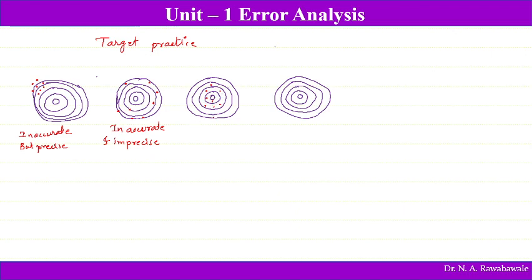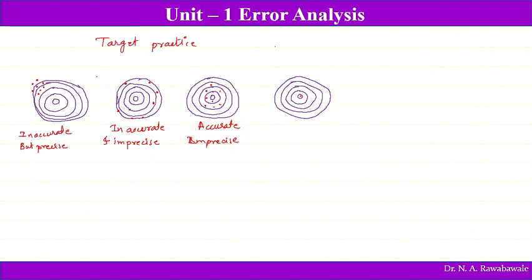In this third case, the shots achieved are very close to the center. So this is accurate, but imprecise. These shots are very close to the center, but not close to each other. So this is accurate, but not precise.